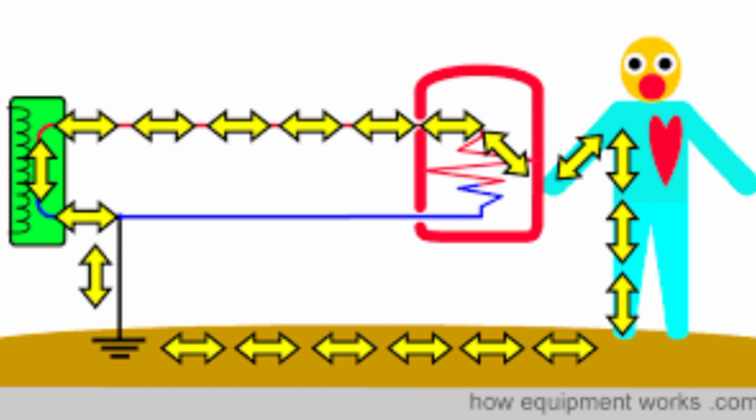Three, grounding. Four, guarding. Five, PPEs. Six, good work practices. So now we will one by one discuss the function of all these steps. Like first was insulation.